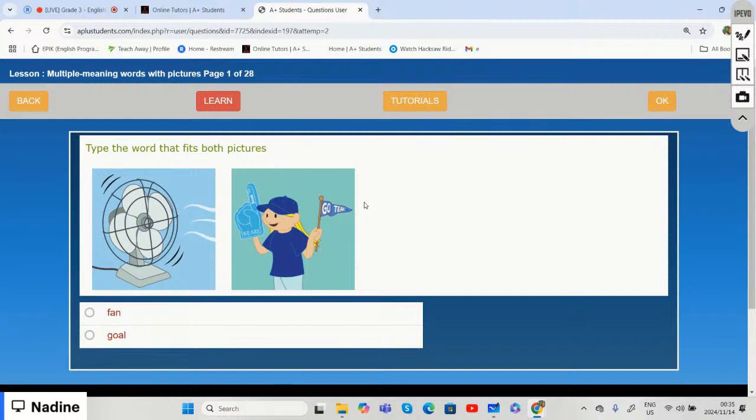If you look at both of these pictures, what word fits both? Is it option one, fan, or option two, go?